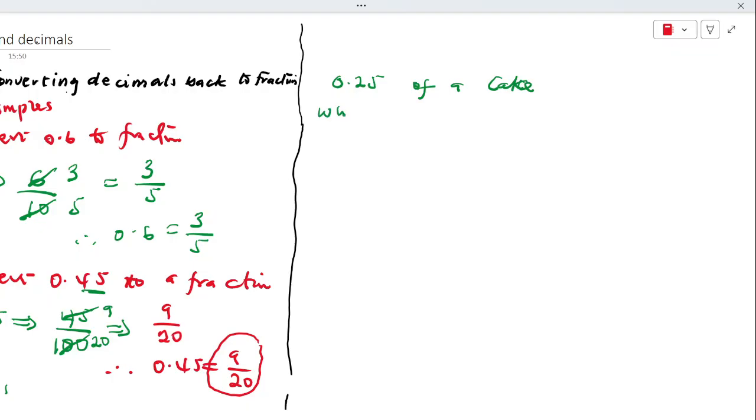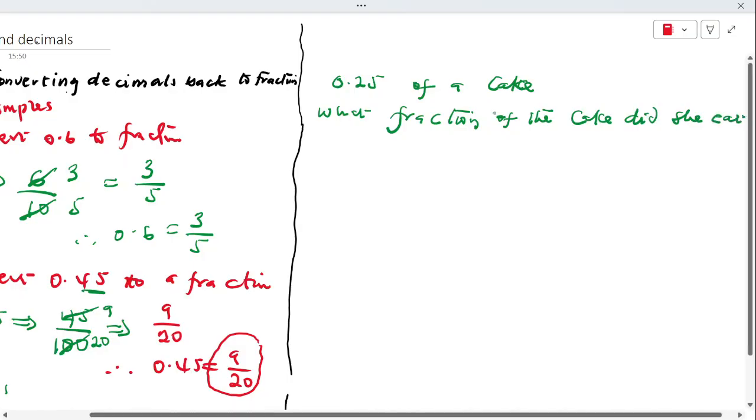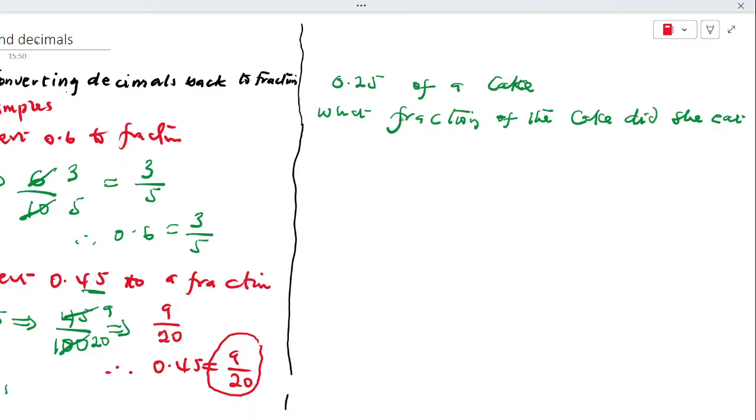So the question is, what fraction of the cake did she eat? So this is one of the formats in which the question can be. It could be in application form and it could be in a direct form. So here we say Amma ate 0.25 of a cake.